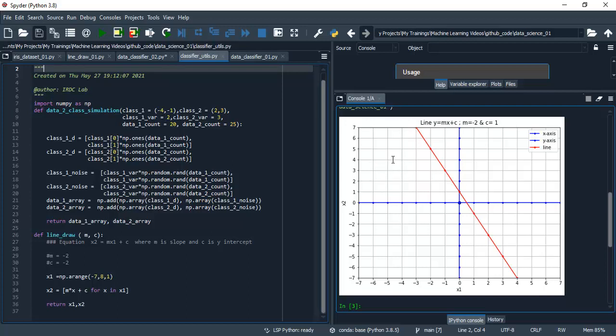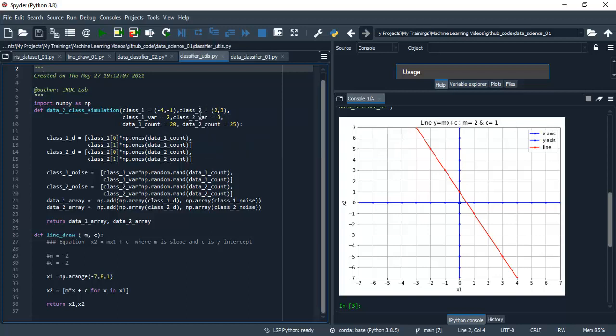So we will add some random noise into that, so that the points get scattered here and there, but not scattered so much. They will be scattered such that it looks like a cluster, and we are going to see that very soon.